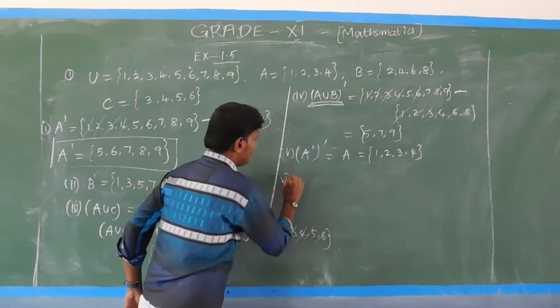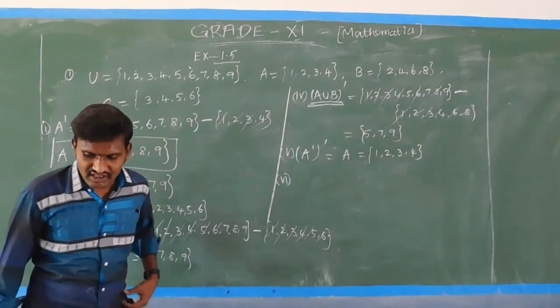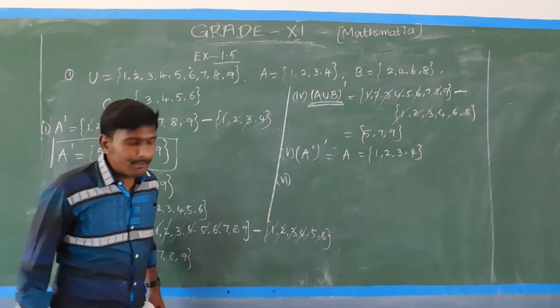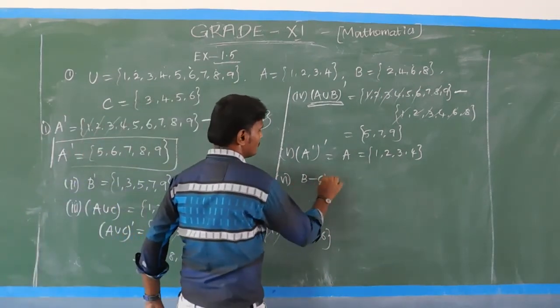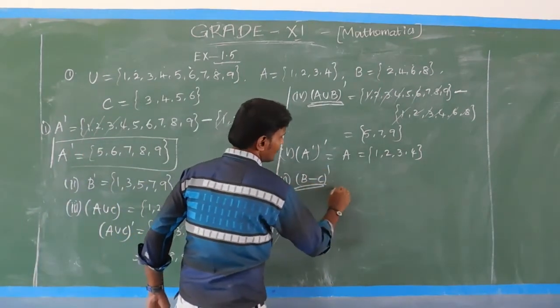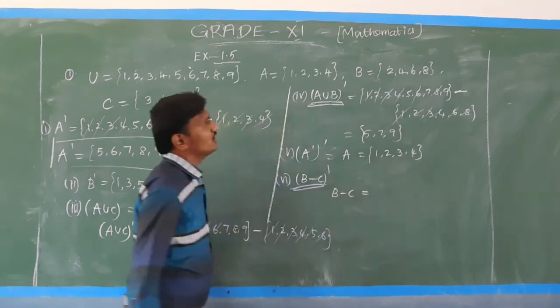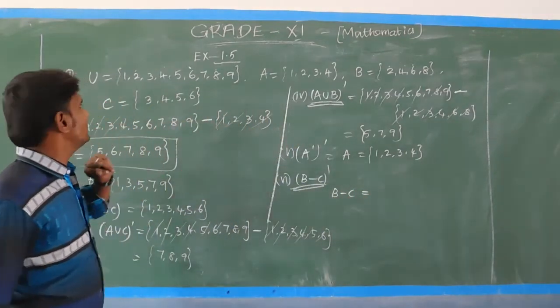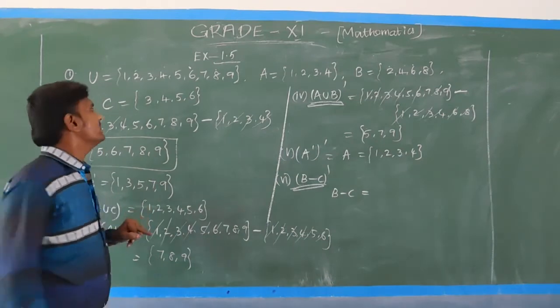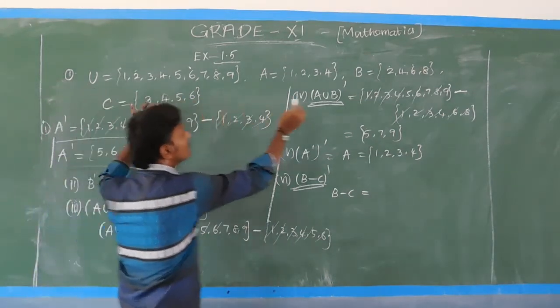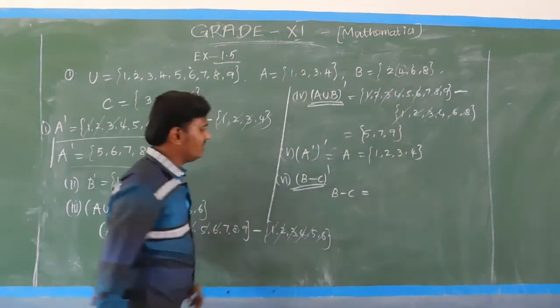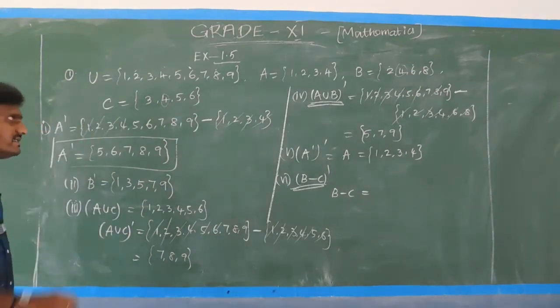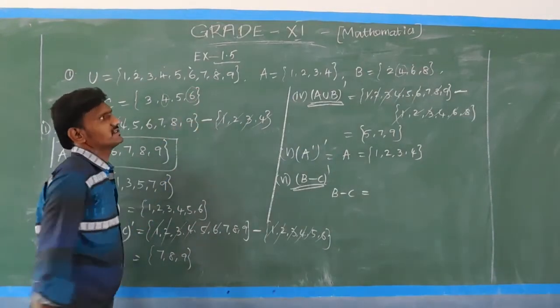Okay. The last one, the sixth question, is (B minus C) the whole dash. First I am going to find B minus C. Consider the sets B and C. Do you have any common elements? Yes, 4 is a common element of B and C. 6 is also a common element.